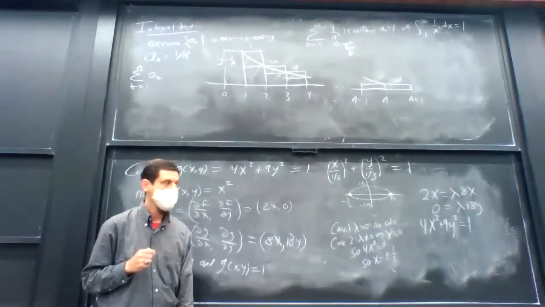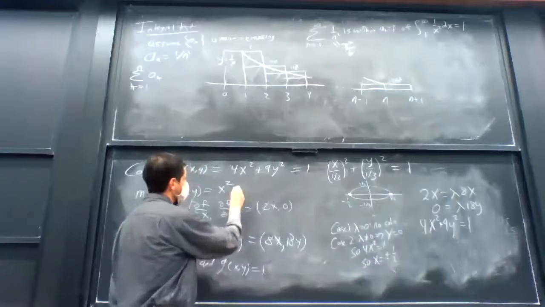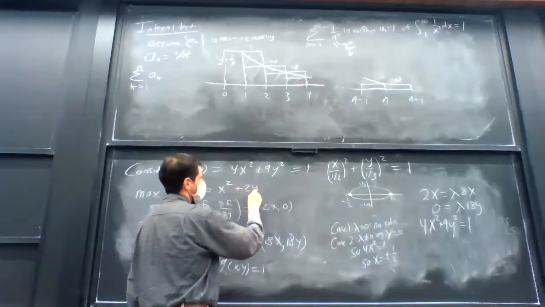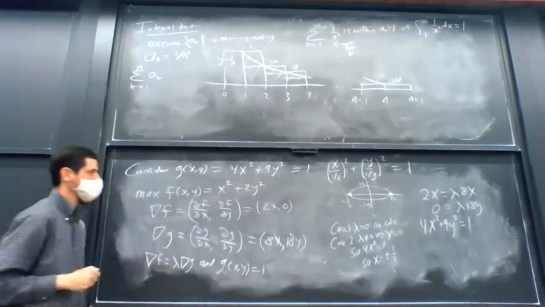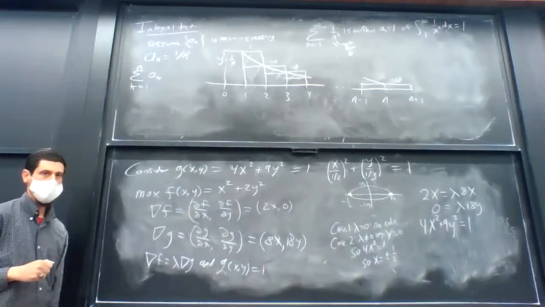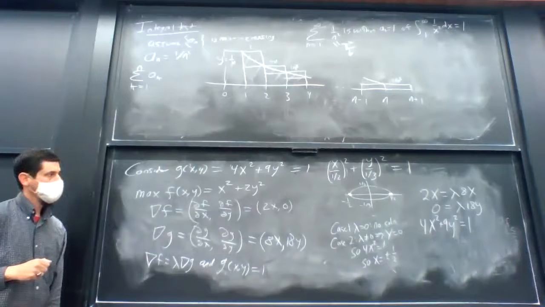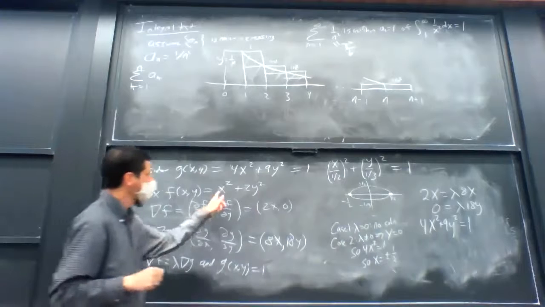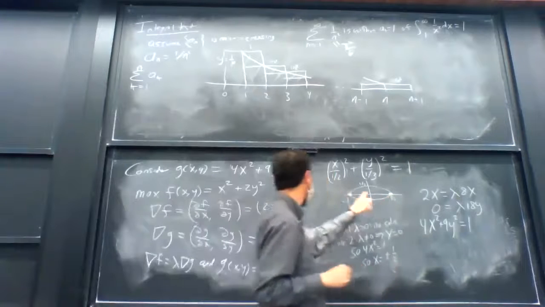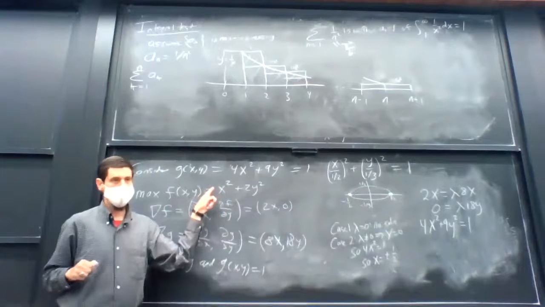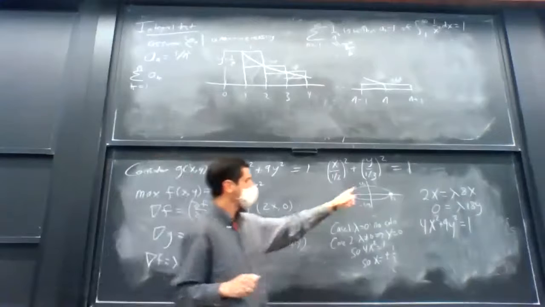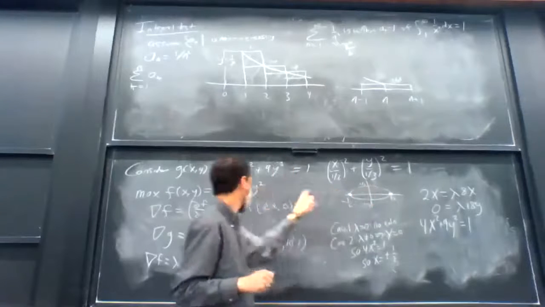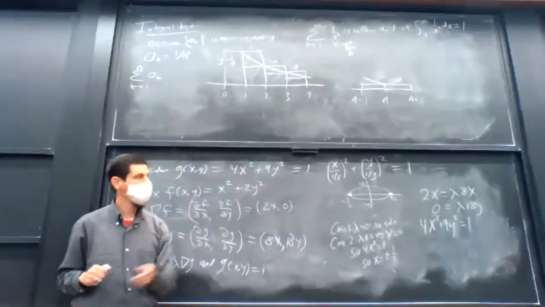Okay. What if I gave you x squared plus 2y squared? So we're going to change things now. Where would you rather be? Well, if I take the point 1/2, I would get 1/4. If I take the point 1/3, I would get 2/9.